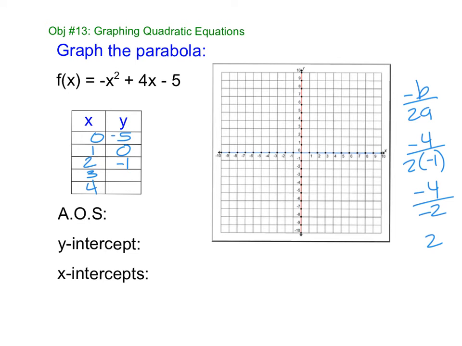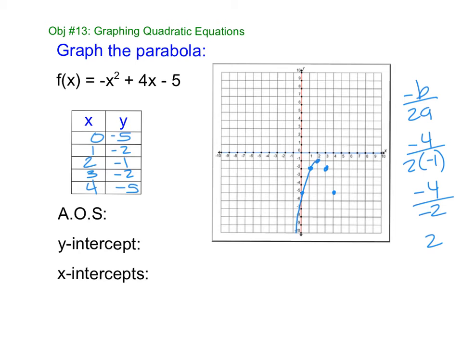It's -5, -2, -1, -2, -5. There we go. All right, so 0, -5, 1, -2, 2, -1, 3, -2, and 4, -5.